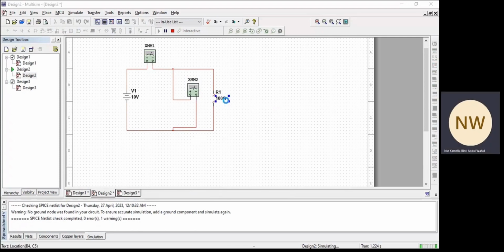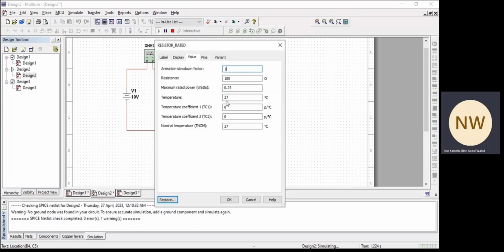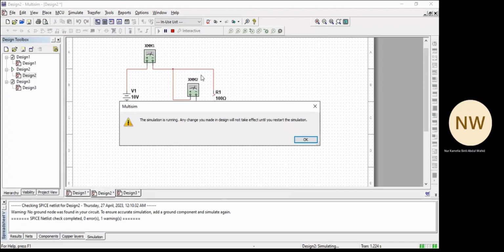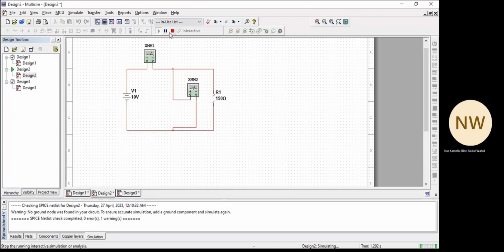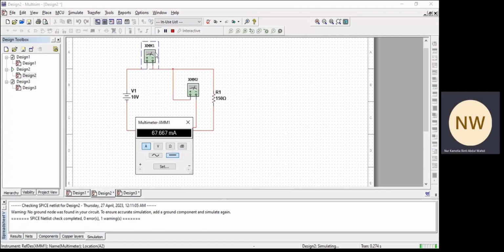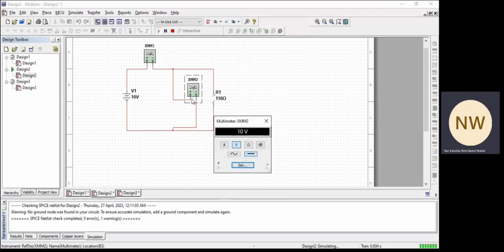So next is 150 ohm. The value that we get for current is 67.67 milliampere and 10 volt.